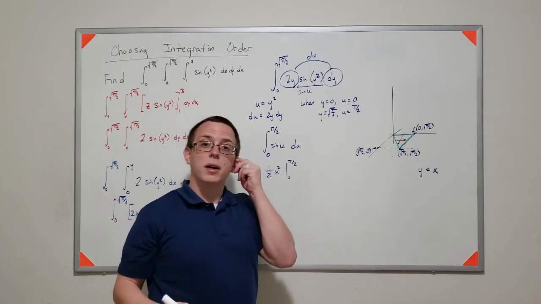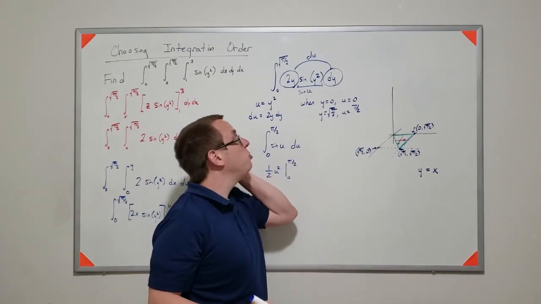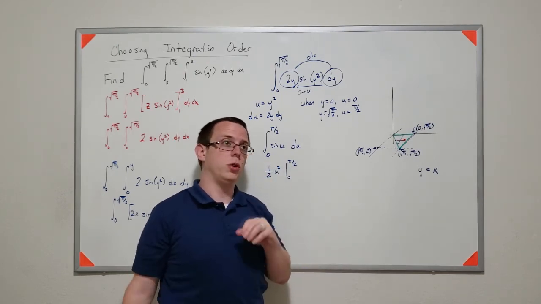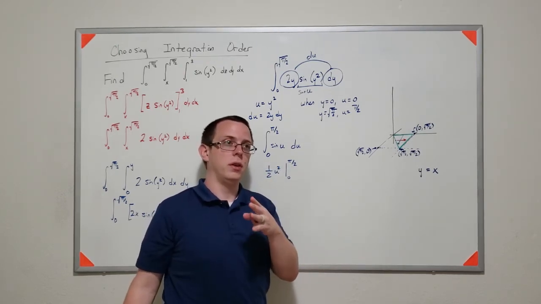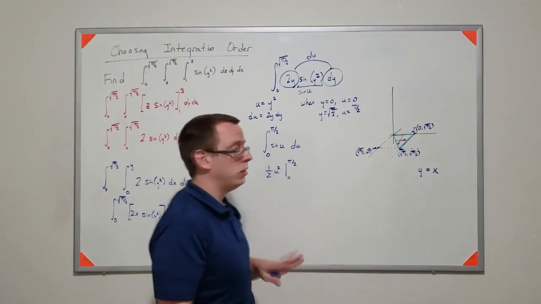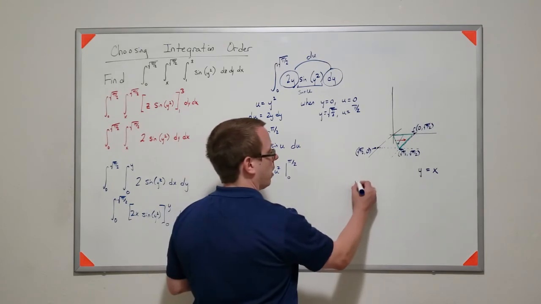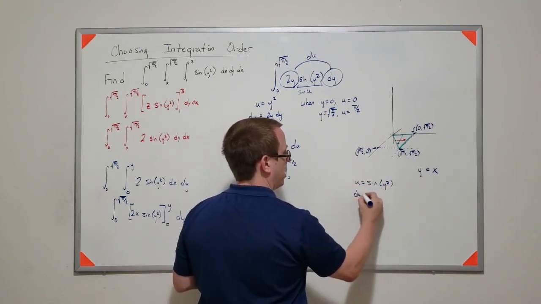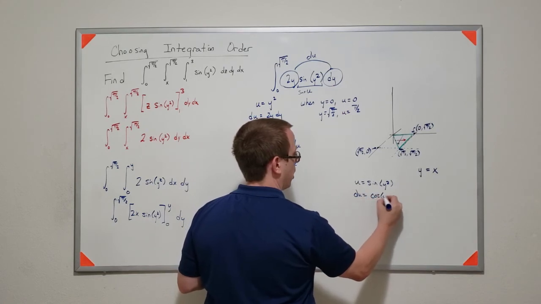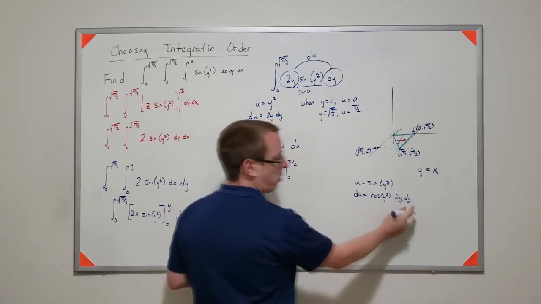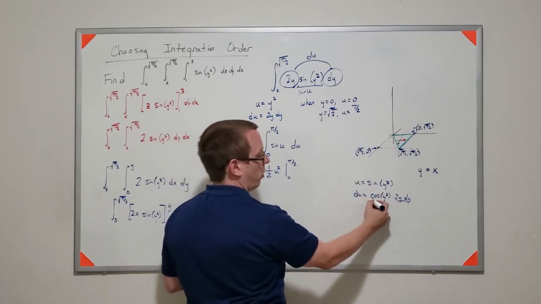So, by the way, you could have chosen u to be sine of y squared. I wouldn't recommend it, but you could. You probably shouldn't, actually, because it'd just waste some time, right? If u was sine of y squared, then du would be cosine of y squared times 2y dy. Now the 2y dy is already taken care of up here, but what do we do with the cosine?